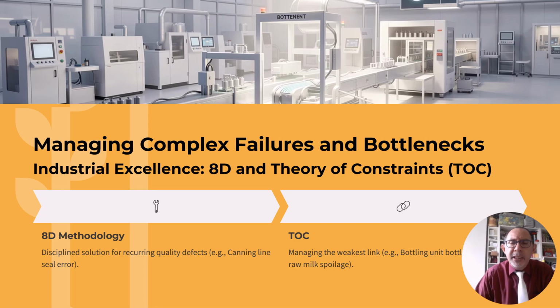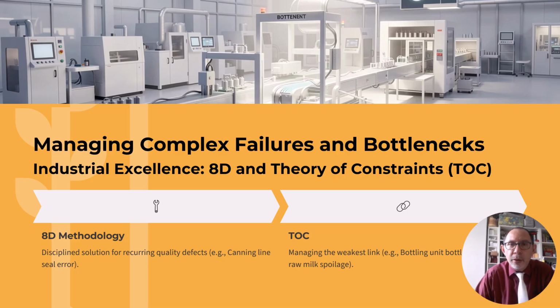Failure to manage bottlenecks in food business leads to product spoilage and waste during wait times. For instance, in a milk plant with a slow bottling line, all processes must be subordinated to the bottleneck speed to prevent raw milk waste. TOC focuses on identifying and improving these constraints to increase throughput and reduce inventory cost.